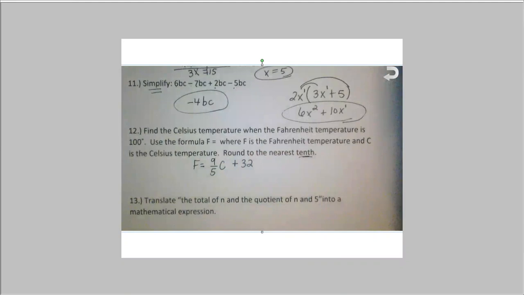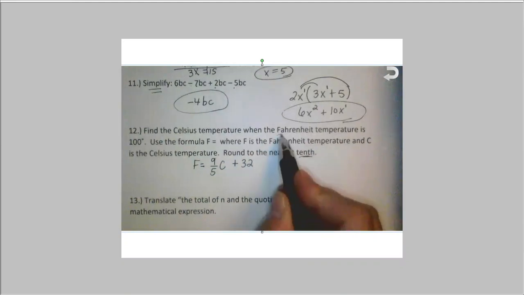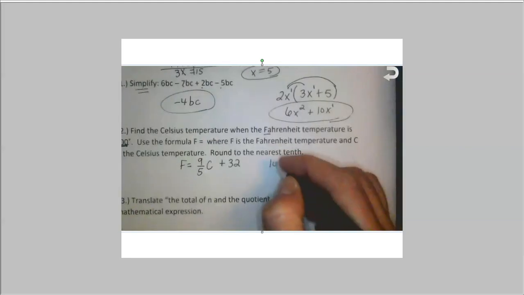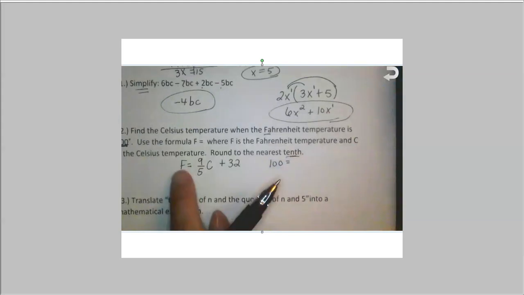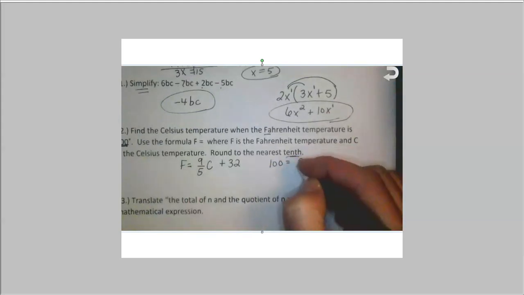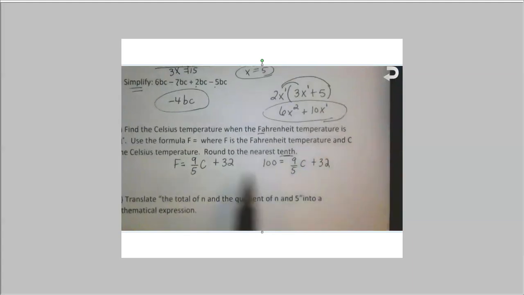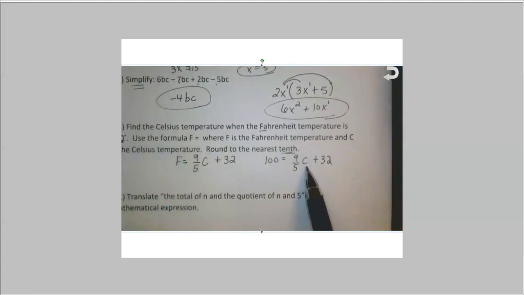So what we've been given here is the Fahrenheit temperature is 100. They've just told us what F is. So I'm going to be able to substitute 100 in the place of F, okay? And the question asks, find the Celsius temperature. So I'm going to be solving for C.